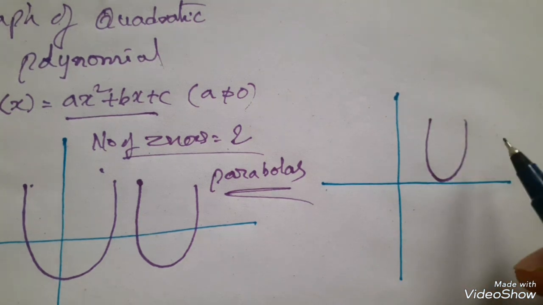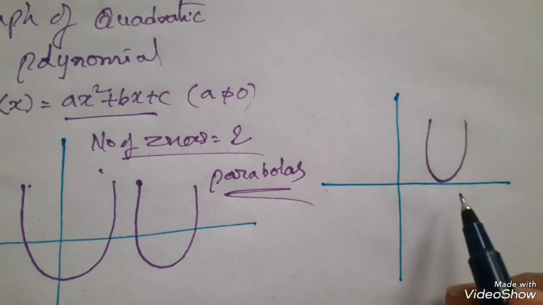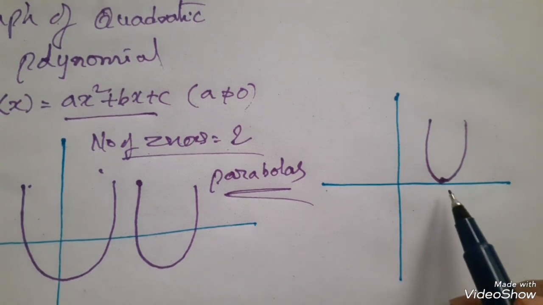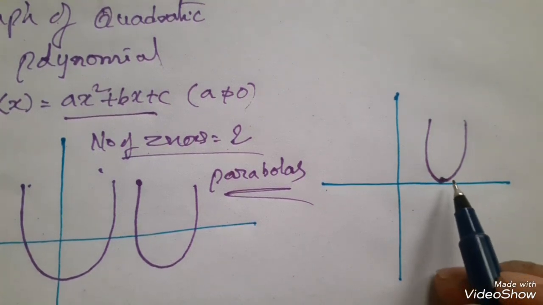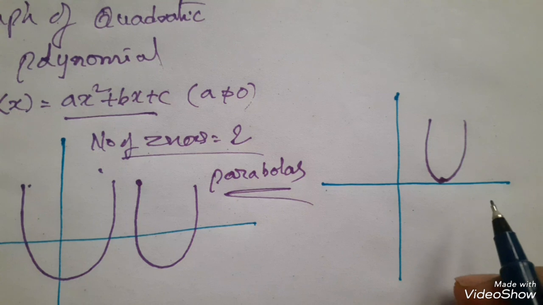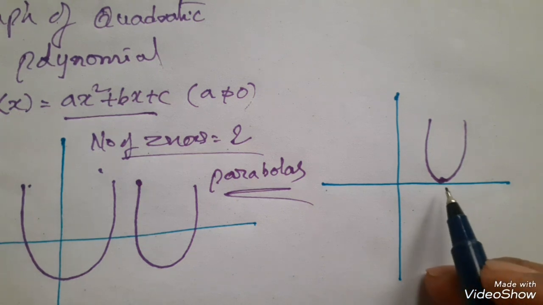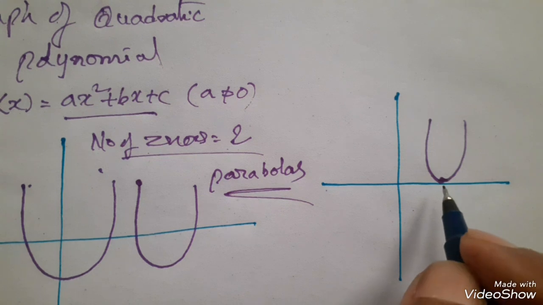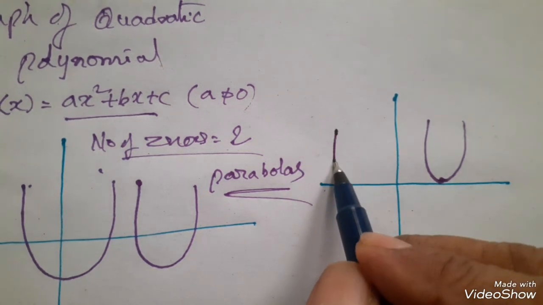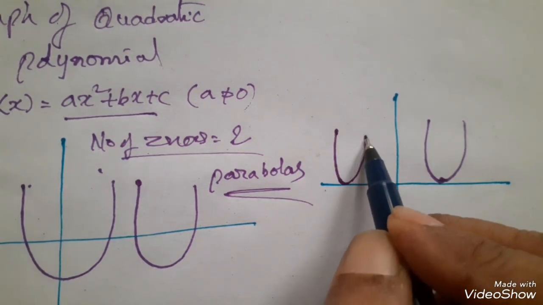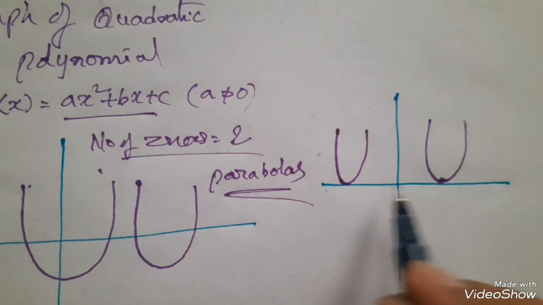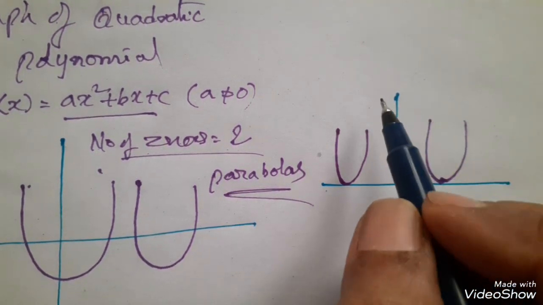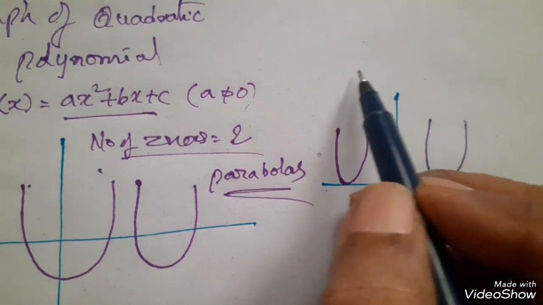It touches the x-axis. So that is the zero of the polynomial. Where the graph touches the x-axis, that is the zero of the quadratic polynomial. So here it has two equal zeros. It may be that both are positive or both are negative. So in such cases, the zeros are equal here.